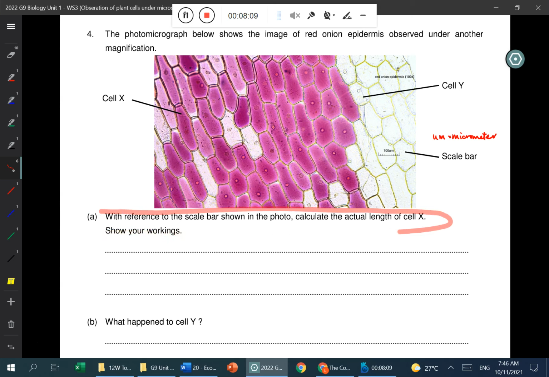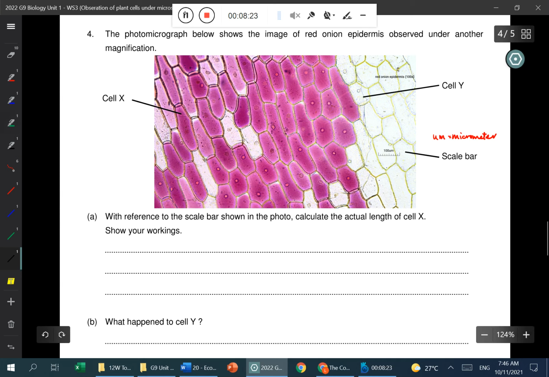I hope you have already tried and think about how it works. So here are the answers coming up. The first thing that you need to do is to measure the length of the cell Y in the picture.